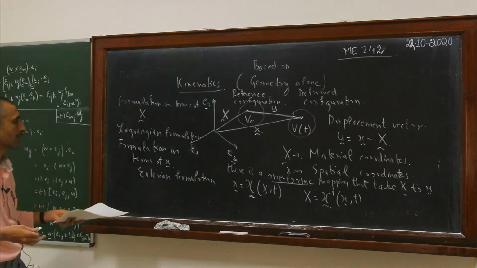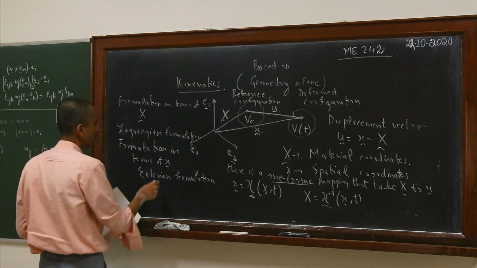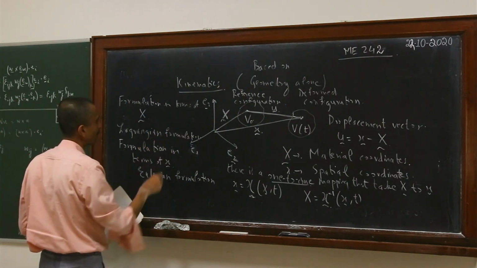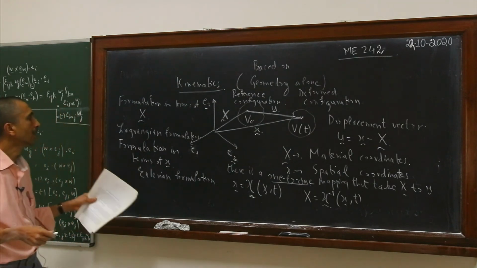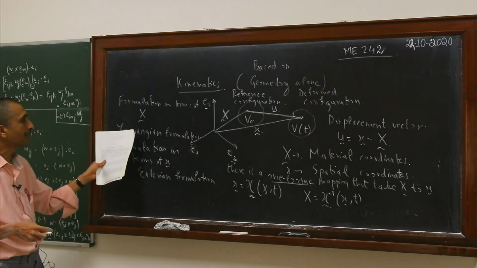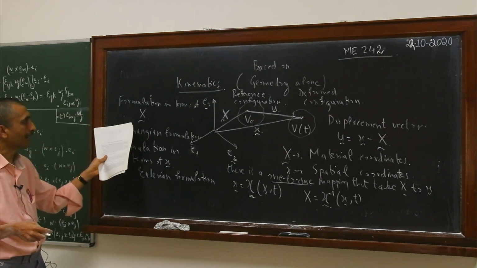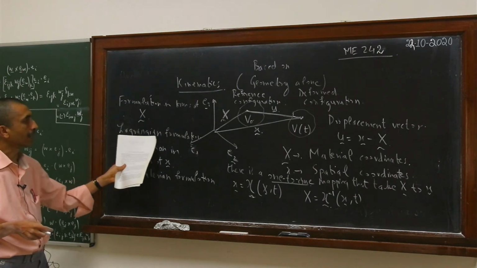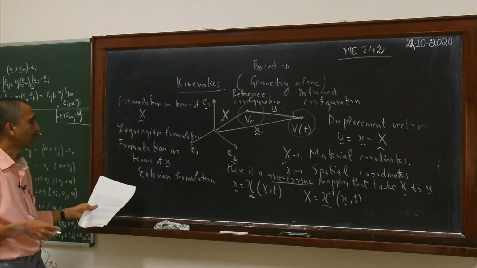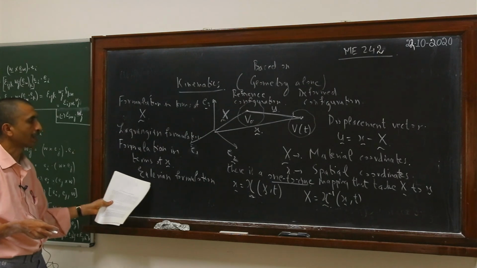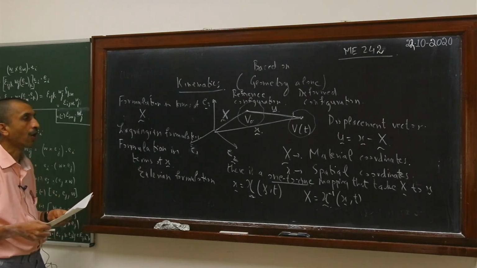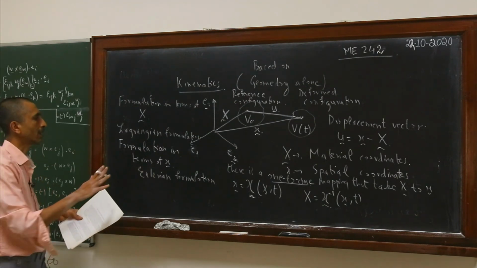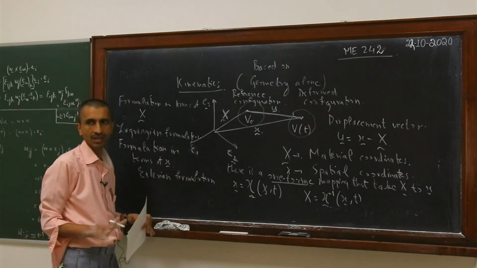So Lagrangian and Eulerian are coming from Lagrange and Euler. Typically, problems in solid mechanics will be in the Lagrangian formulation, and problems in fluid mechanics typically will be in the Eulerian formulation. So I think these details we will discuss in the next class.